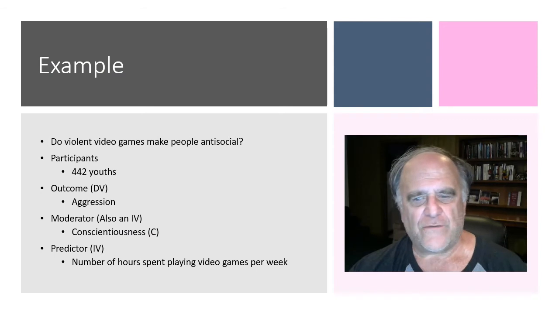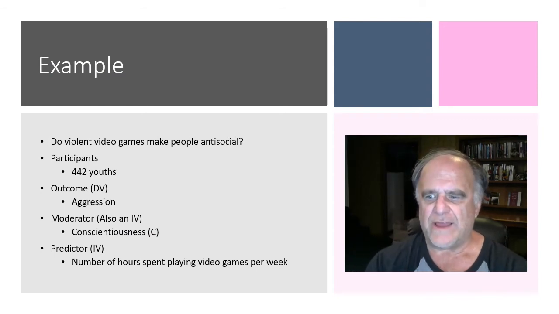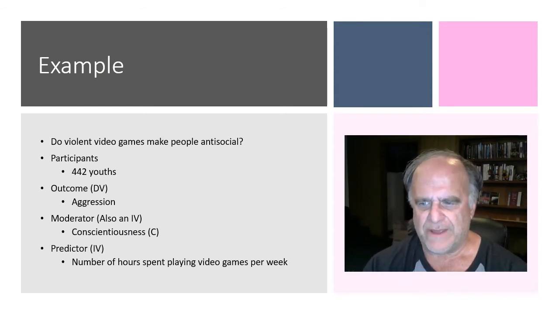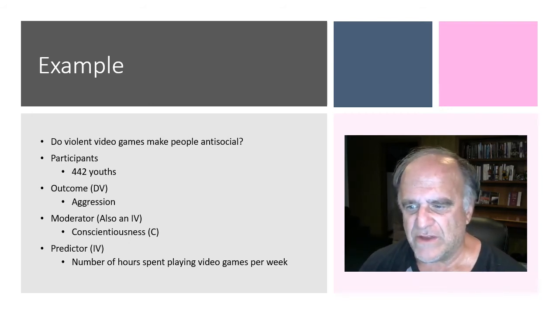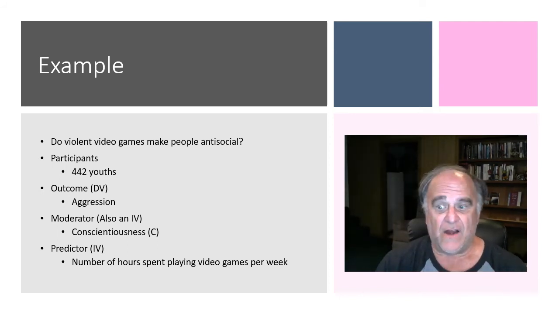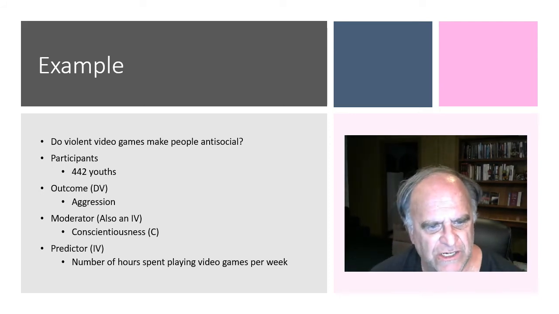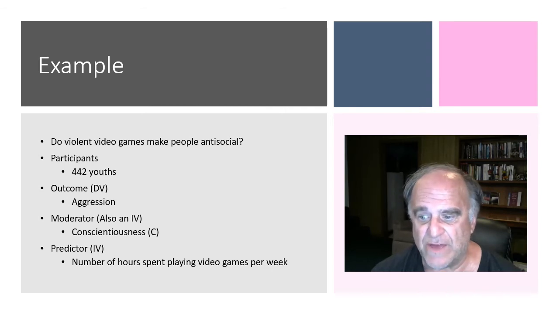Okay, so for example, we might want to look at, do violent video games make people antisocial? We have a study with 442 young people, youth, that we've collected data on. Our outcome variable is going to be aggression. Then we're going to have a moderator that's conscientiousness, one of the big 5.